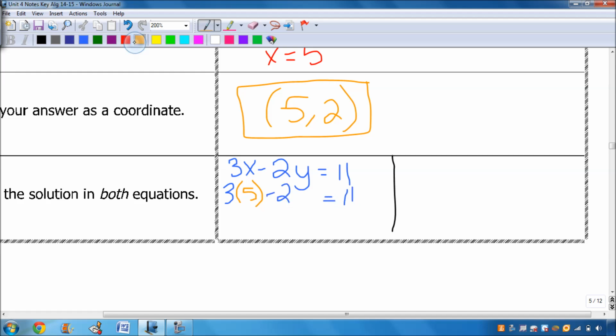Then I'm just going to go ahead and evaluate. So I get 15 minus 4 equals 11, and then 11 equals 11. So I know that I'm good with one equation, so I'm only 50% sure that my answer is right.